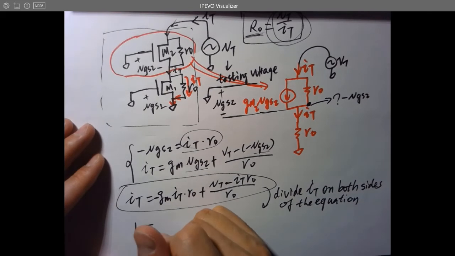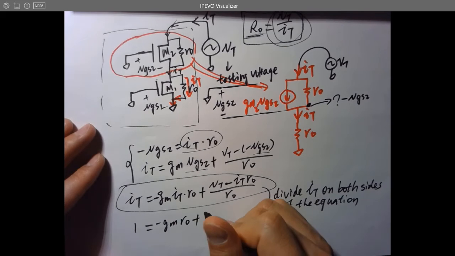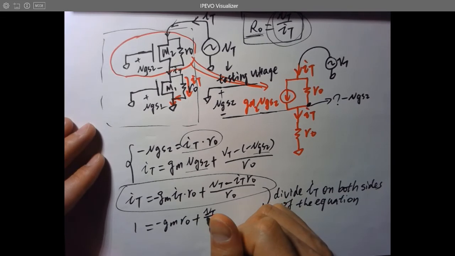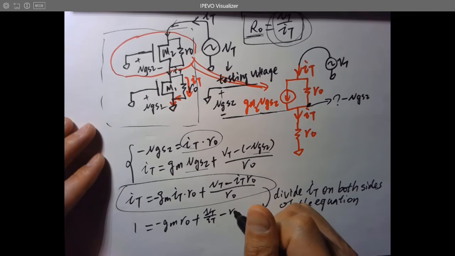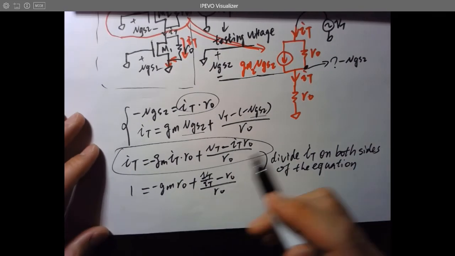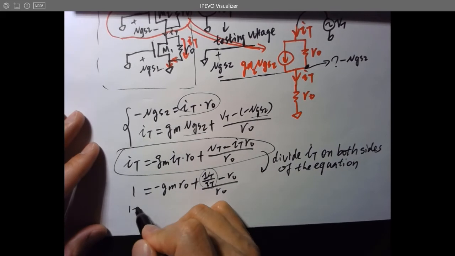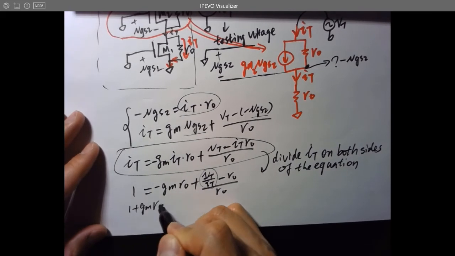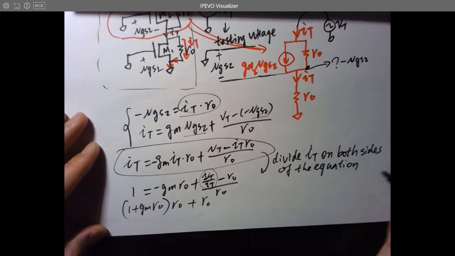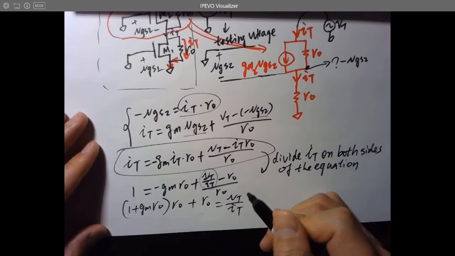And we are getting 1 equals minus GM RO plus VT over IT minus RO, and we're going to calculate this, which is 1 plus GM RO times RO plus RO equals VT over IT equals RO.